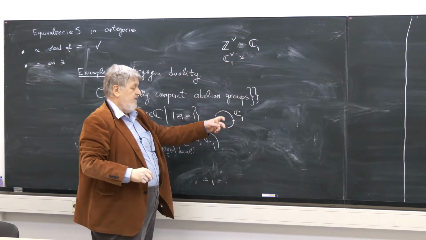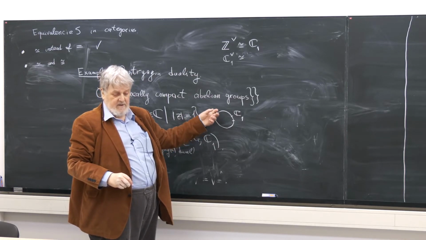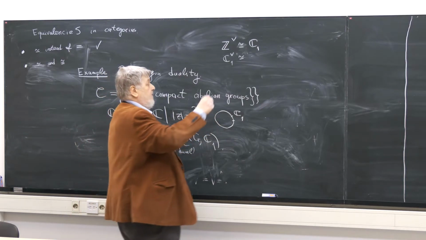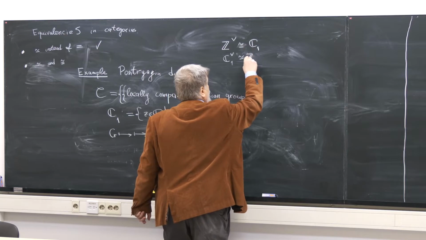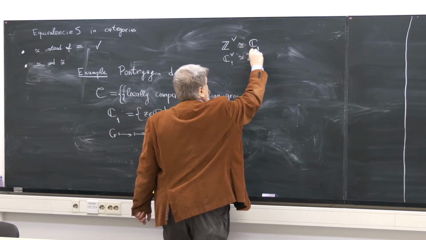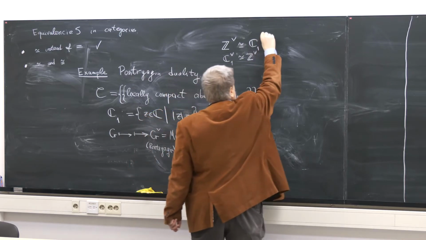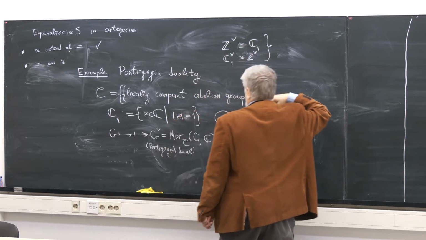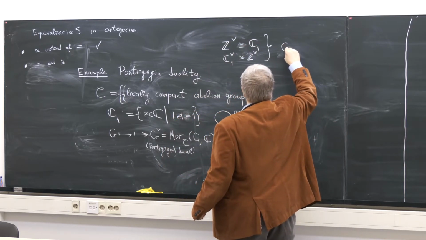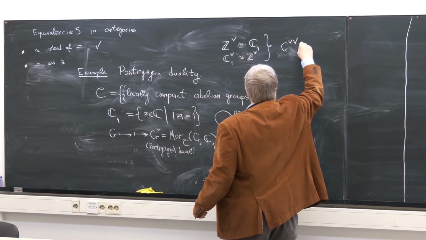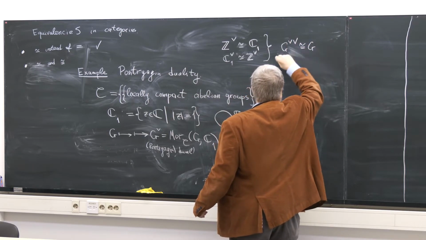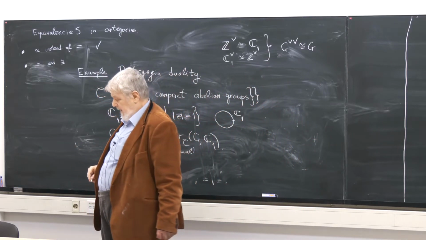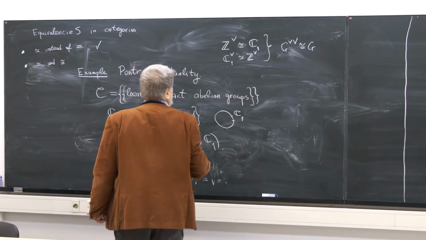What are the morphisms of the circle to itself? Just raising to any power, any integer power. So it is the Z check, and considering the double dual, this is one of the illustrations that the double dual is canonically equivalent to the original G, and again you're suggested to check it directly.